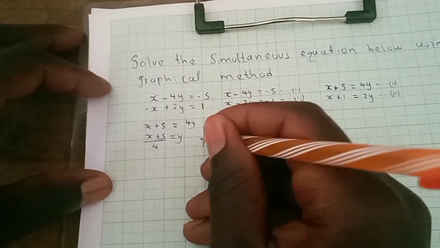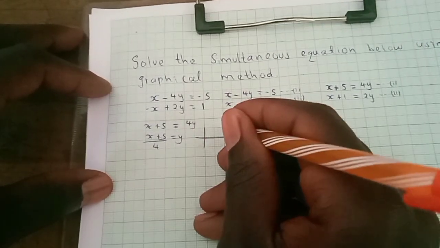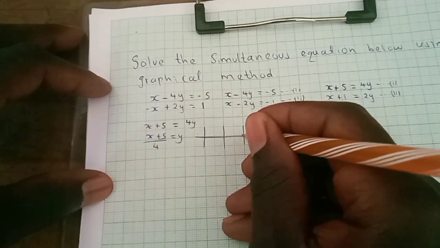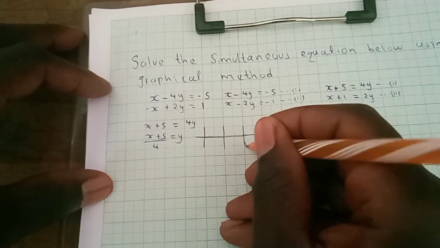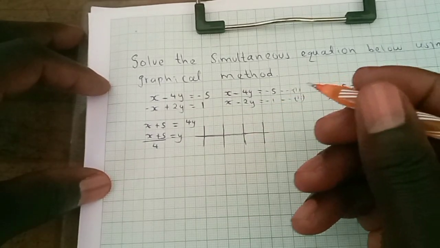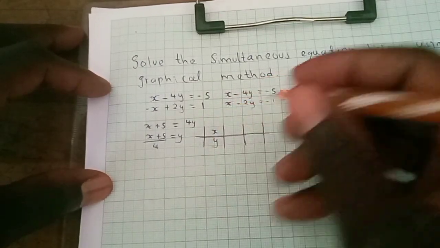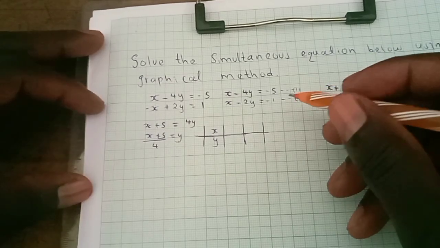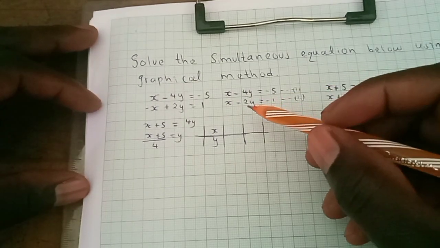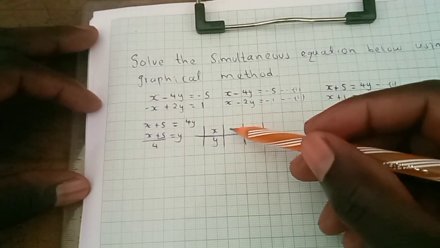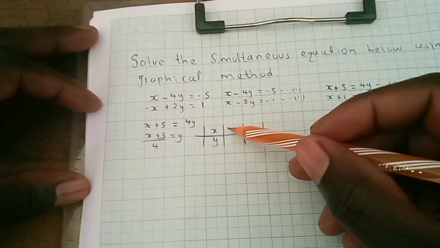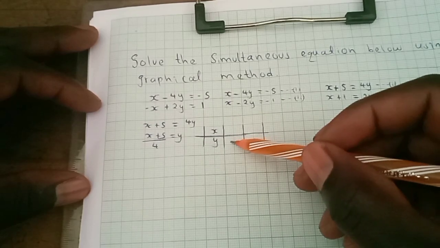So that's what I'll use to find my x and y values, which I will plot. So I'll place my x here and y. Now I will look for possible values which, when I place them in the x column, will give me a resultant value for y.